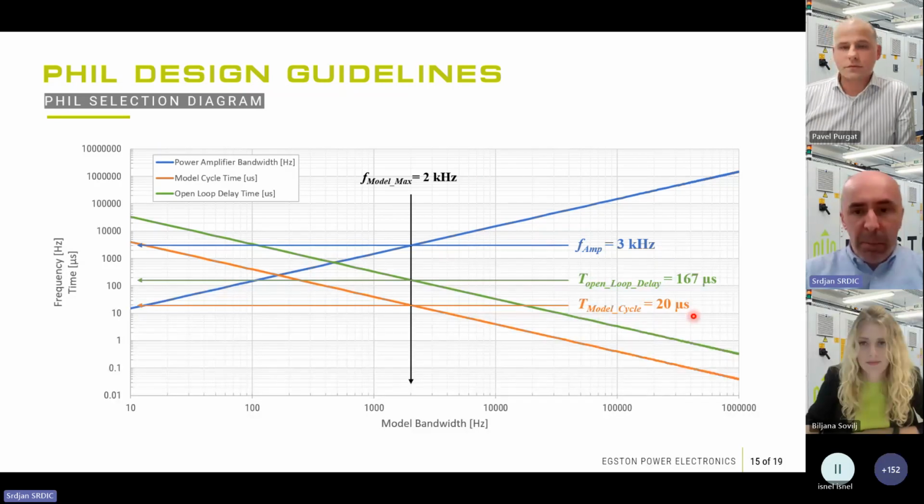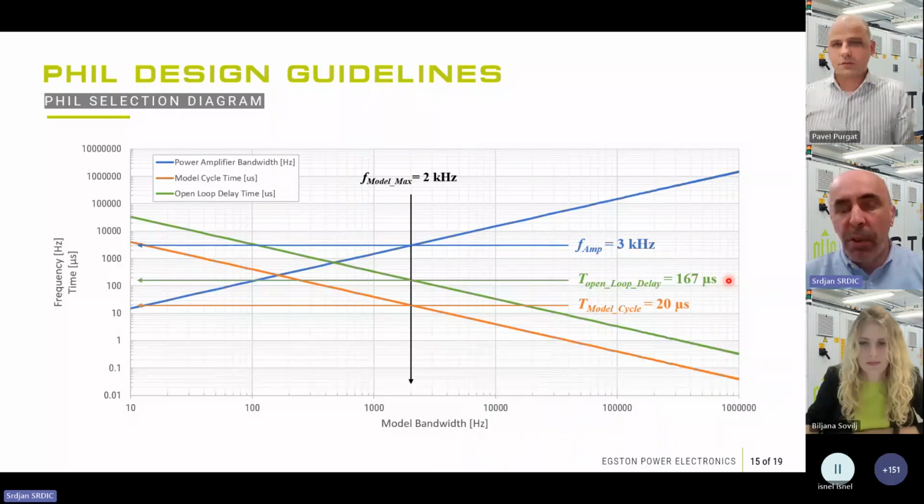The model cycle time is what you need to know in order to select your real-time simulator. That's 20 microseconds, so in this case you would probably be able to use some CPU-based simulators. And then the loop delay is 167 microseconds. So your system should be such that the total loop delay is less than 167 microseconds. In that case, you can expect some meaningful results.